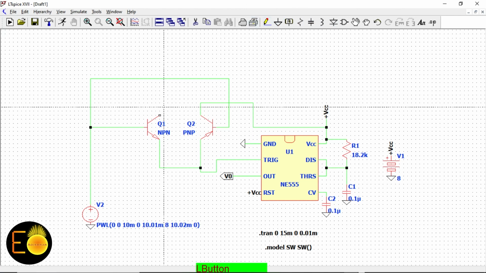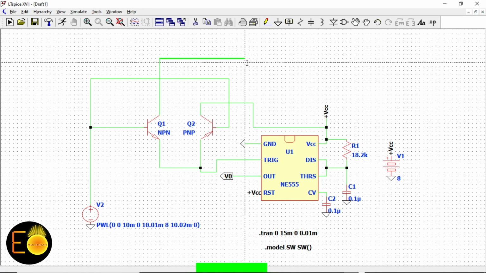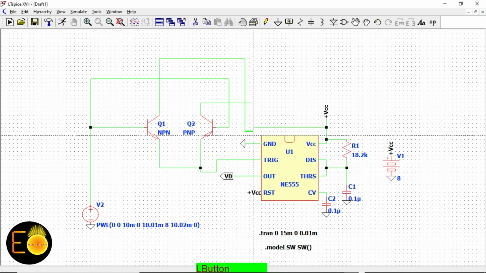For that, I do not need to use this such kind of ground, rather I have a ground in my device. So when this voltage is 0, this PNP transistor is turned on, VCC is connected with the trigger, and this NPN transistor is turned off. When this voltage rises up to 8 volt, this PNP transistor is turned off, the NPN transistor will be turned on, and it will connect this ground to this trigger terminal.